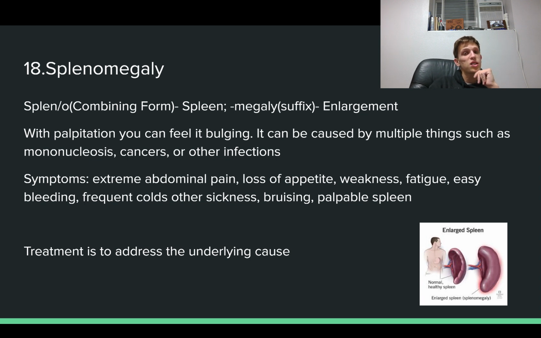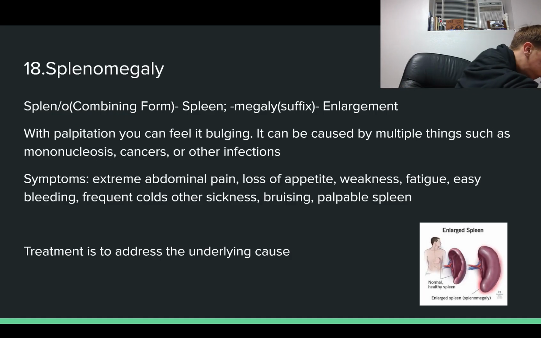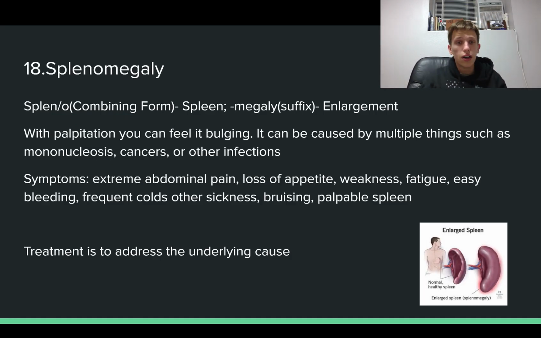And symptoms are extreme abdominal pain, weakness, fatigue, loss of appetite, and frequent colds and sicknesses, as you simply do not have your spleen functioning properly to help your body repel these diseases. The only treatment is really to go after the underlying causes of this.